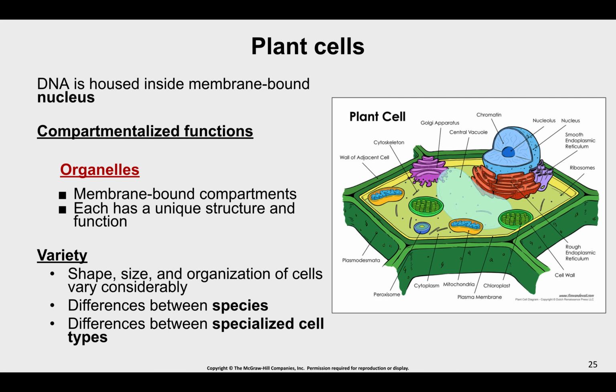They're not all going to look the same. There are different sizes, different shapes. Some of them might lack a lot of these organelles. Some of them might have all of the organelles. Some of them might only have bits and pieces. It's going to differ between what plant species we're looking at and what function that cell needs to perform.